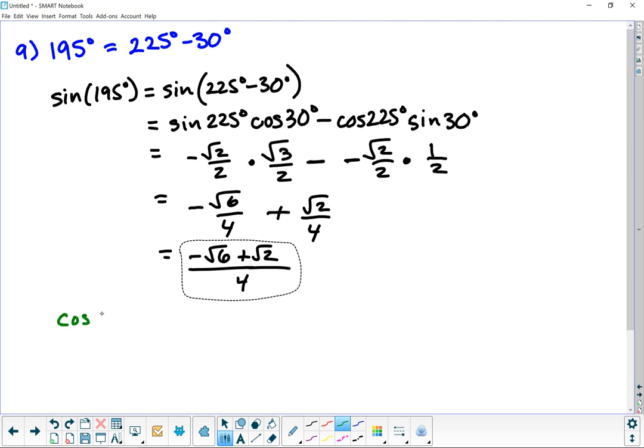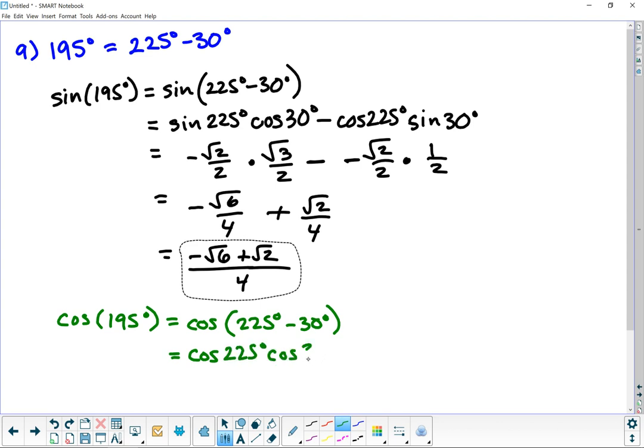Cosine 195 degrees equals cosine, and then use what they suggested, 225 degrees minus 30 degrees. And cosine, remember, is cosine 225 degrees times another cosine 30 degrees.